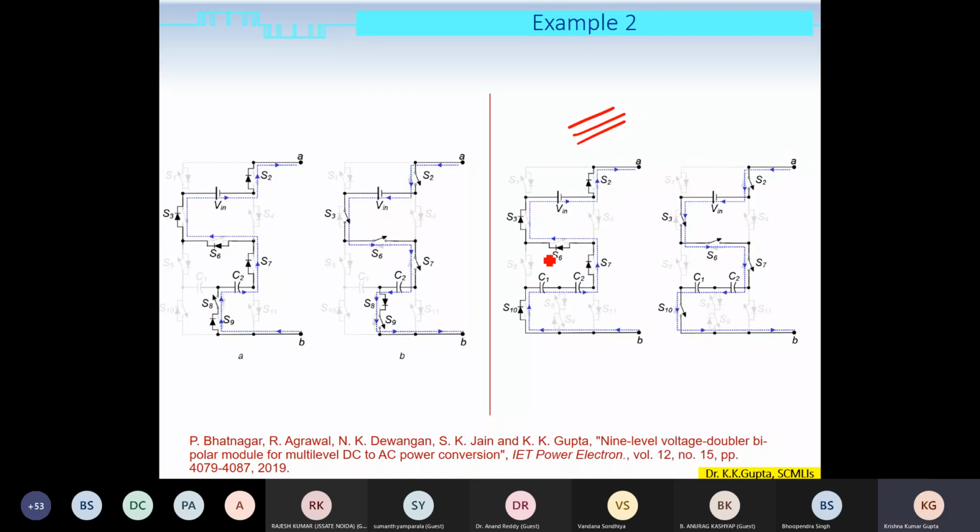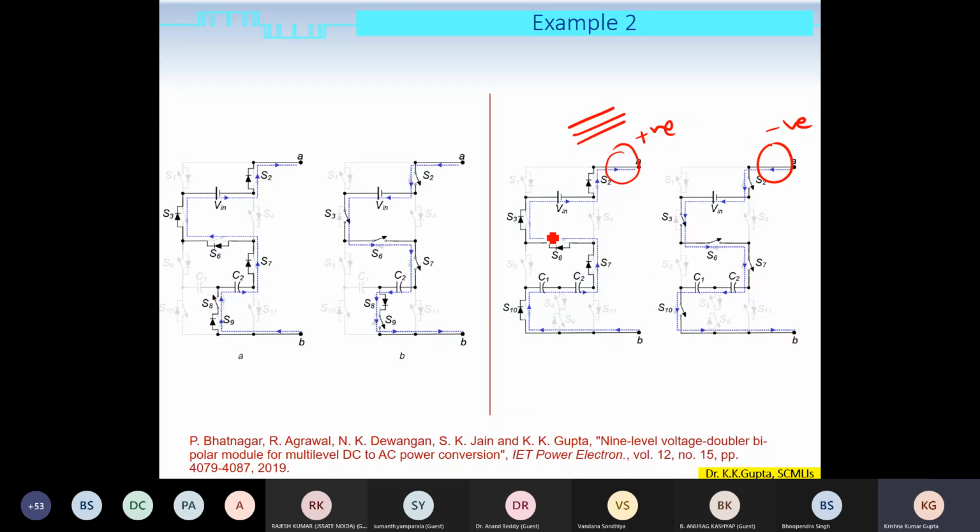Okay, so if you see here, the output voltage is obtained by a series connection of V in, C1 and C2, right? Now the current is positive here and the current is negative here, which means that the load is either capacitive or inductive. It is not purely resistive.